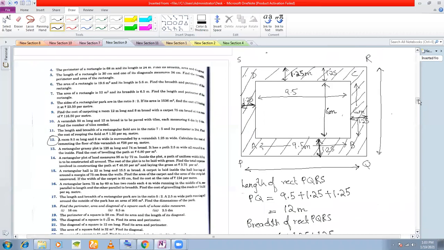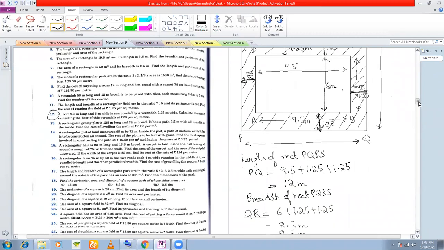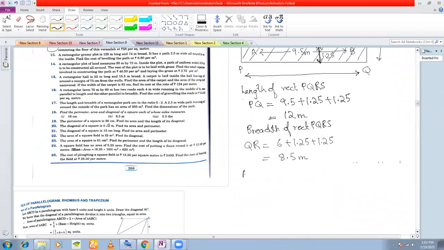Now we shall find out the area of the rectangle PQRS. The area of the rectangle is length into breadth, which is PQ, length, and QR is your breadth, which is 12 into 8.5.